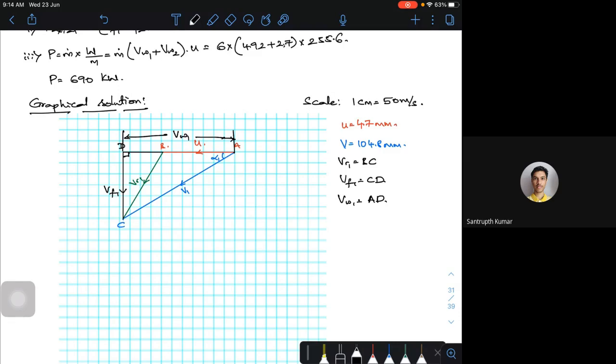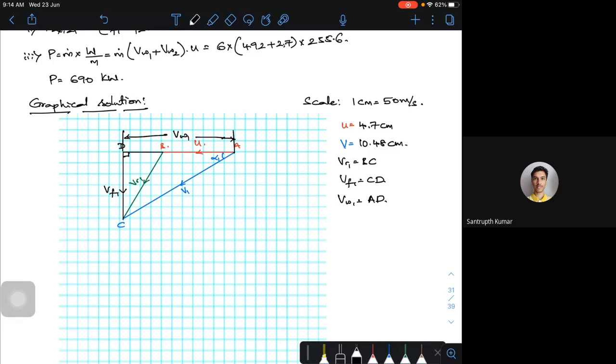So measure VR1, measure VF1 and measure VW1, multiply by 50, and you'll be getting it.